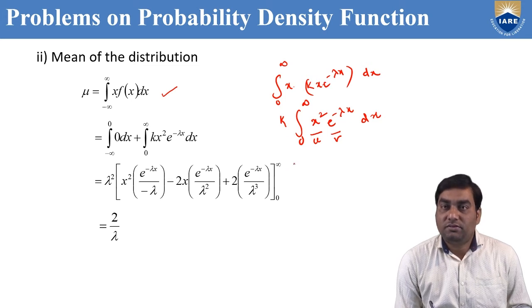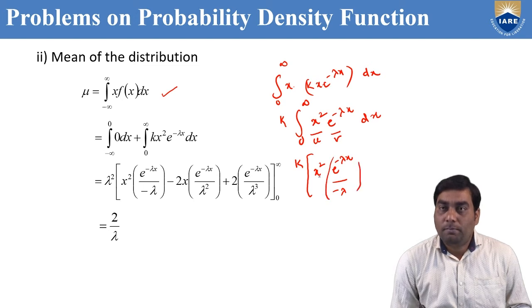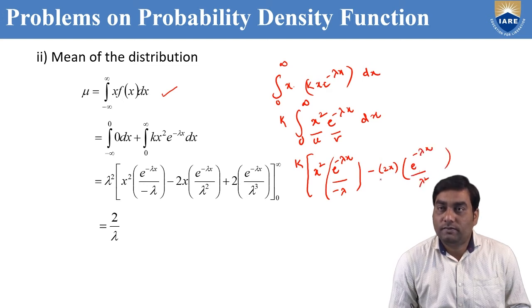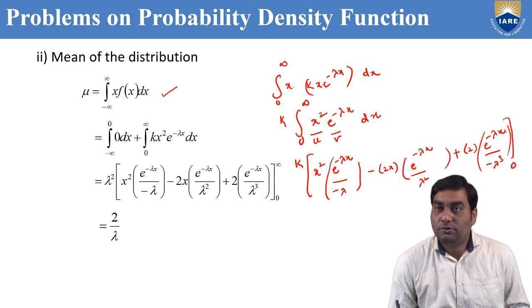Now again the same concept. K into u, x square, into v1, e power minus lambda x by minus lambda, plus or minus: x square differentiation 2x into the integration of the previous term, e power minus lambda x by lambda square, minus or plus 2x differentiation 2 into e power minus lambda x by minus lambda cube, from 0 to infinity.